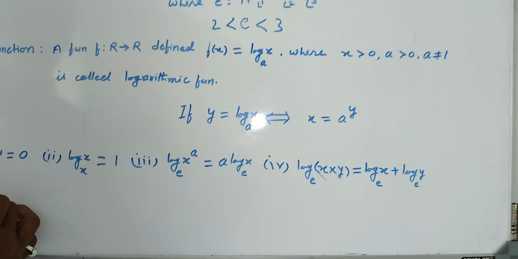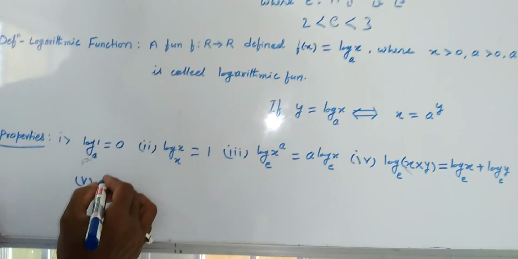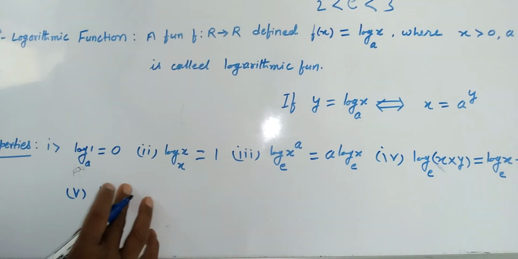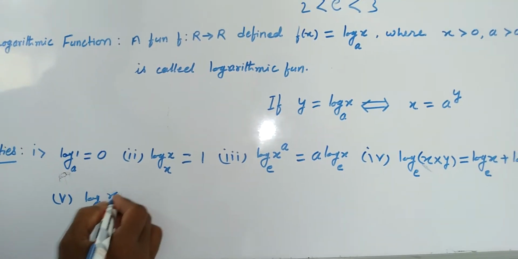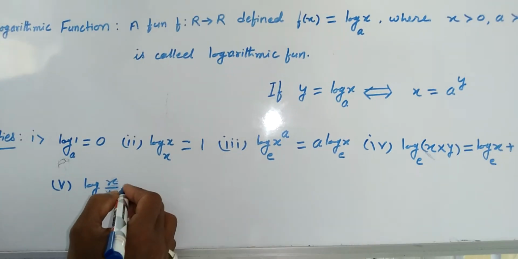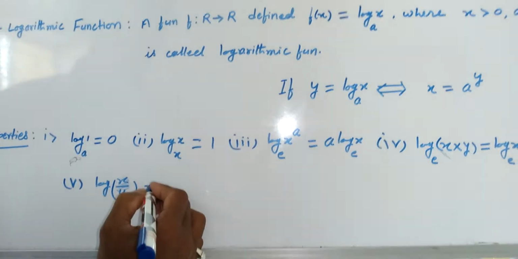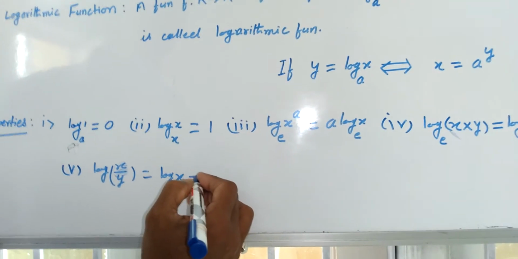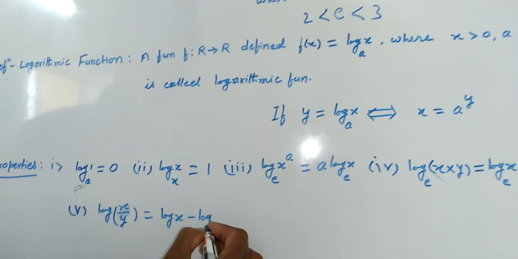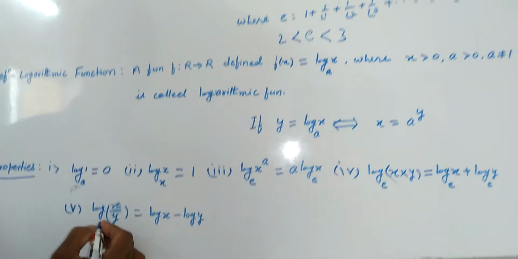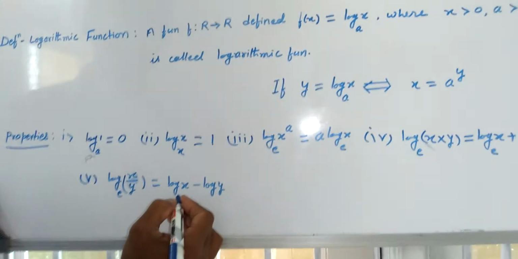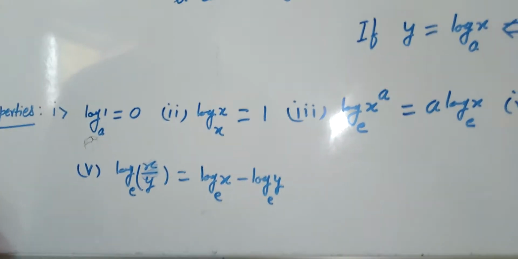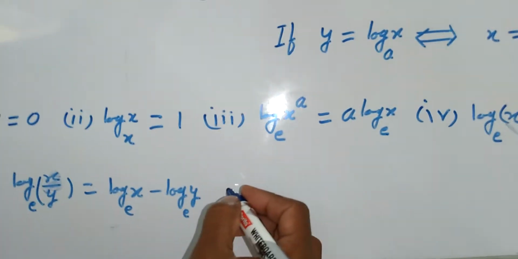Fifth property is log of x by y is equal to log x minus log y. Everywhere the base is e. If there is no base, we can understand the base is e.